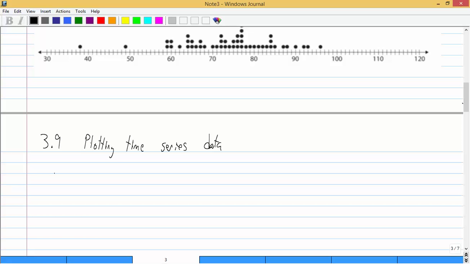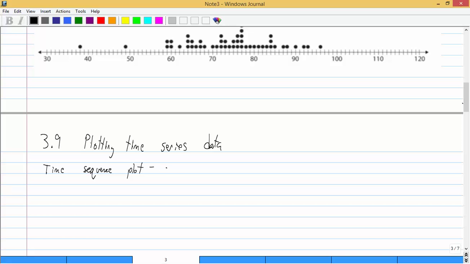All right, and a time sequence plot graphs data using time as the horizontal axis in a bar graph or line graph.